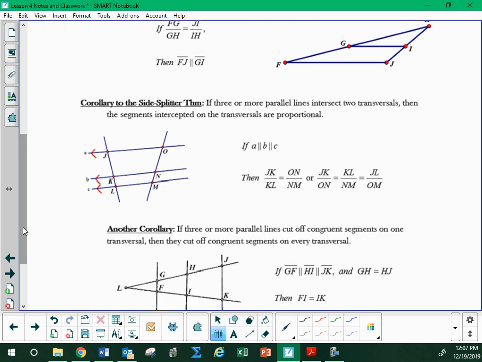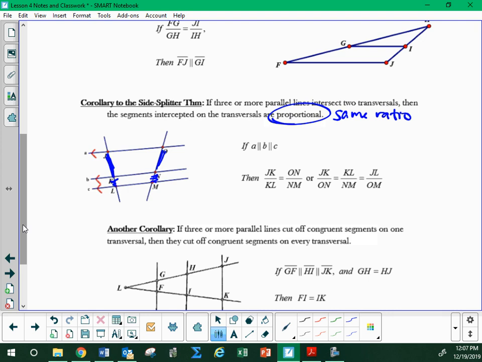So if 3 or more parallel lines intersect 2 transversals, so just this picture here, then the segments intercepted on the transversals are proportional. That means same ratio. My first thing here says JK to KL equals ON to NM.